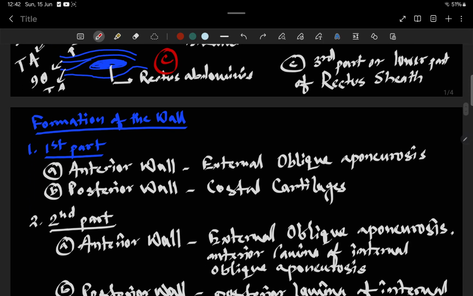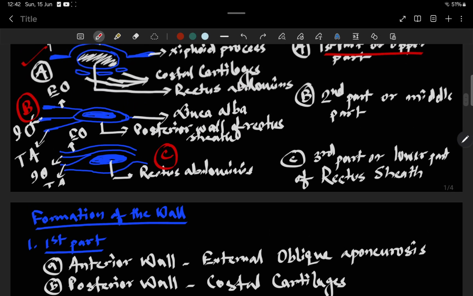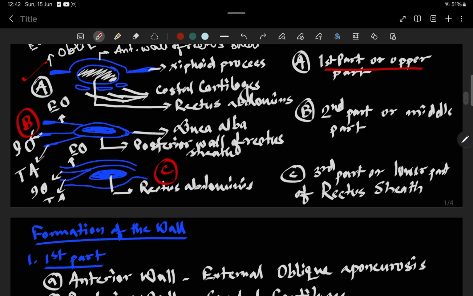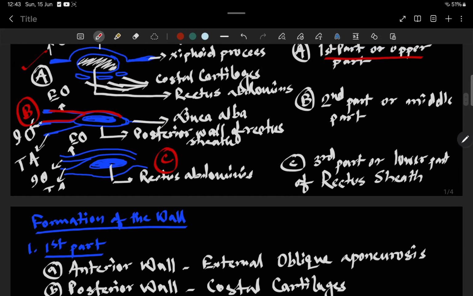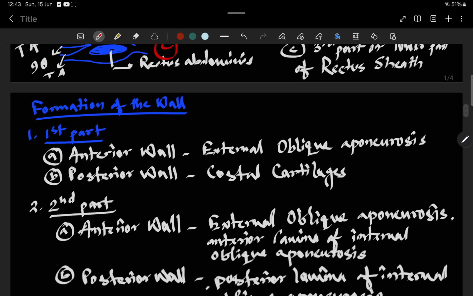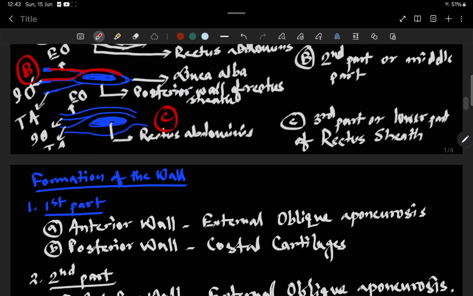Second part, anterior wall is formed by the external oblique aponeurosis and anterior lamina of the internal oblique aponeurosis. See, this is the external oblique aponeurosis anteriorly and the first lamina of the internal oblique, and the posterior wall is formed by the posterior lamina of the internal oblique aponeurosis along with the transversus abdominis aponeurosis.